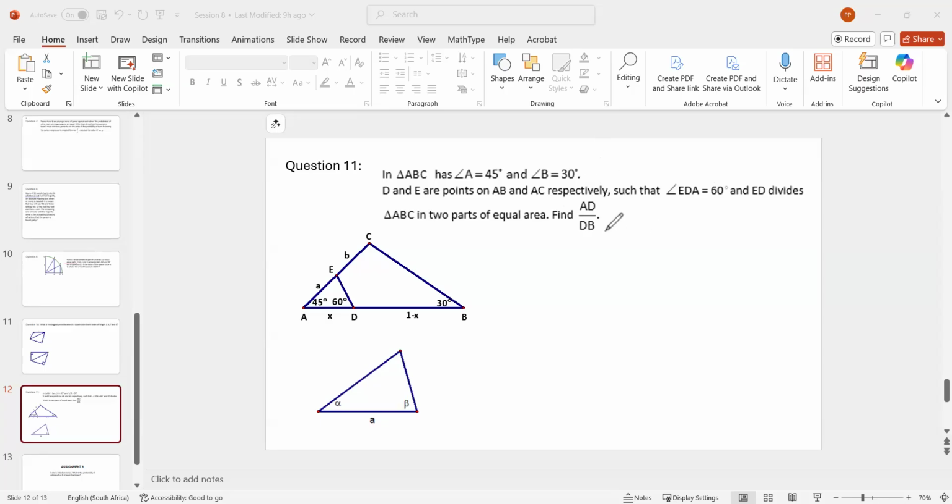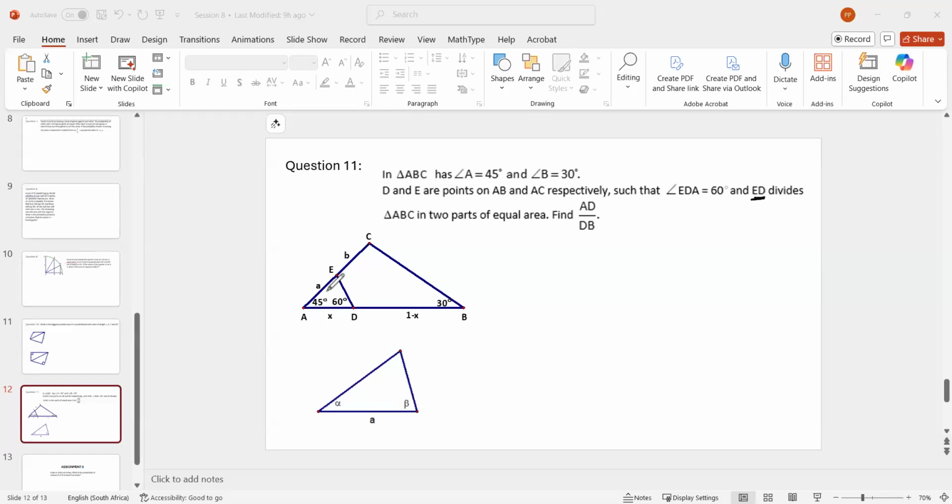But what they do say is that ED, this thing here, divides the triangle ABC into 2 parts of equal area. These 2 parts have the same area. In my diagram, they don't look the same, but you have to draw this E and D in such a way, maybe like that, so these 2 areas are the same.